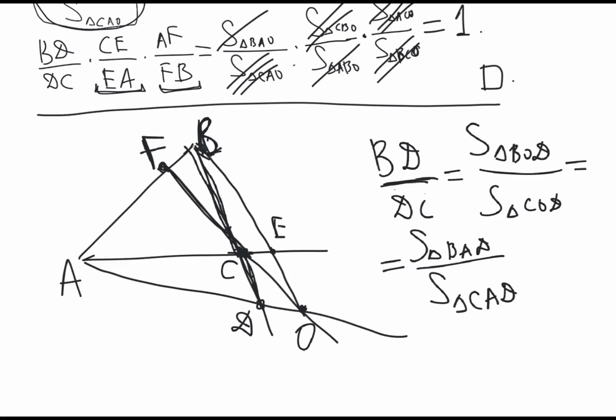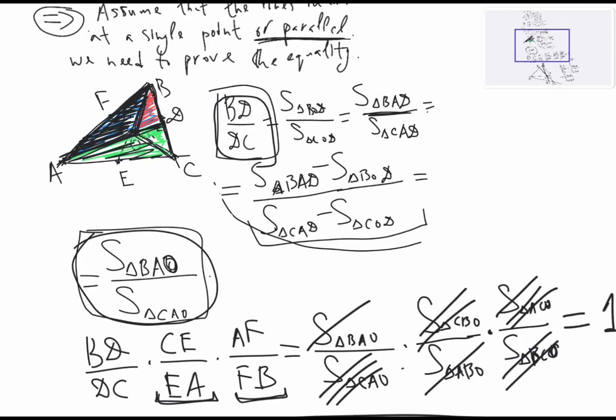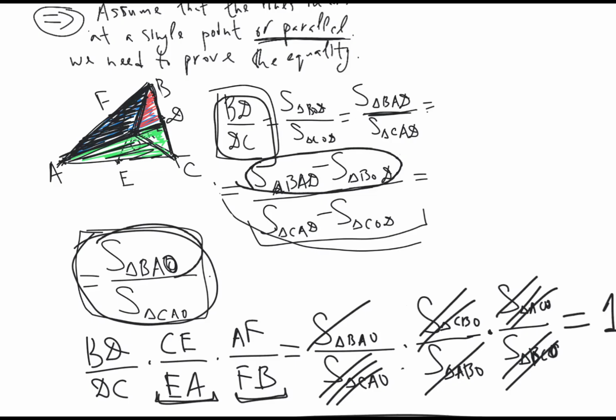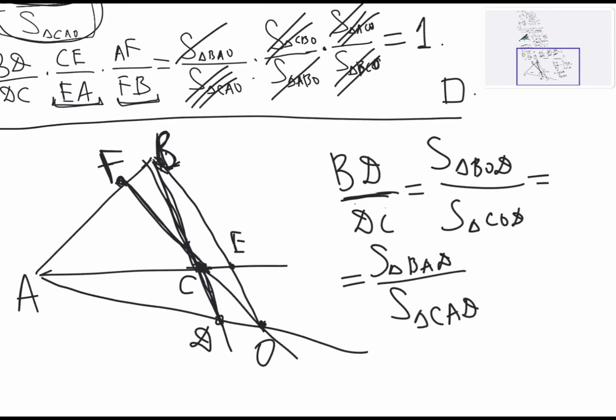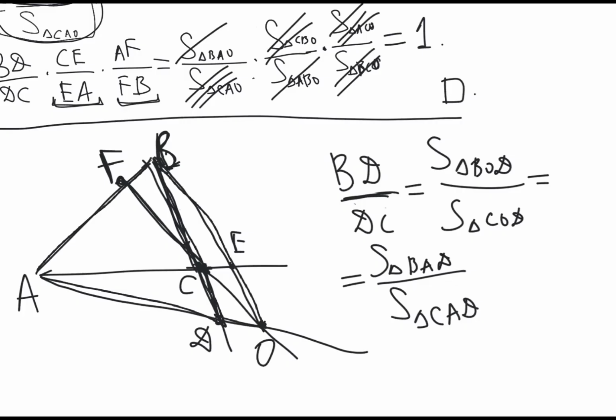But now the step where we subtracted the areas, so the difference between these two areas now is not equal to the area of BAO, because the difference between BAD, this triangle, and BOD, this triangle, we need to express it somehow with the area of the triangle BAO. So this would be not the difference but the sum.